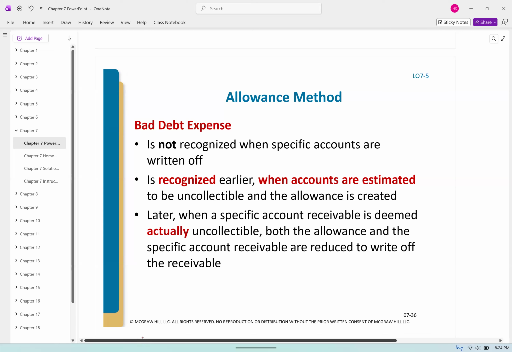So this is going to be companies like, I would think, credit card companies. They have a lot of high risk. They know that a certain amount of their collections is going to go bad. So they would be using the allowance method for sure. Later, when they actually figure out who, then we will write it off against that allowance account.